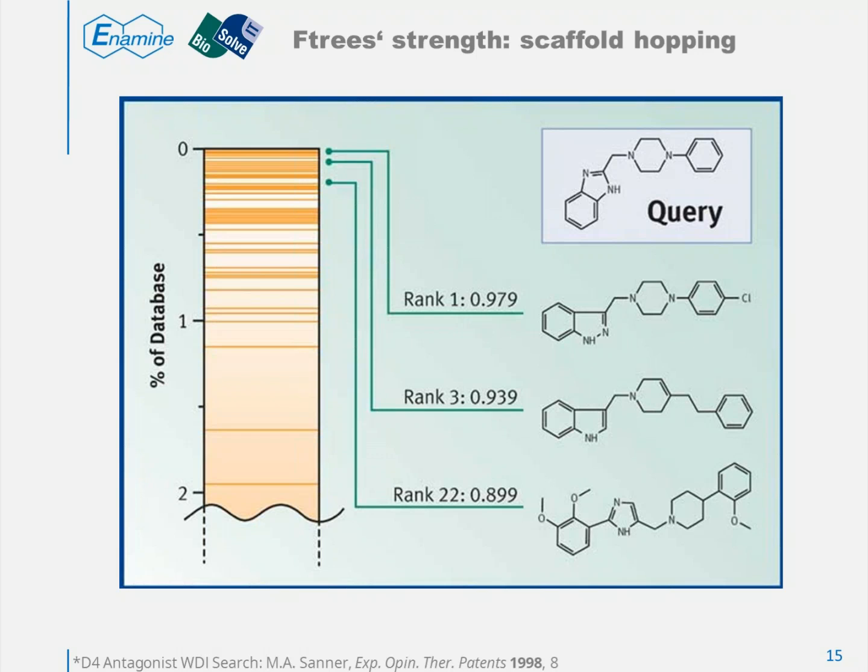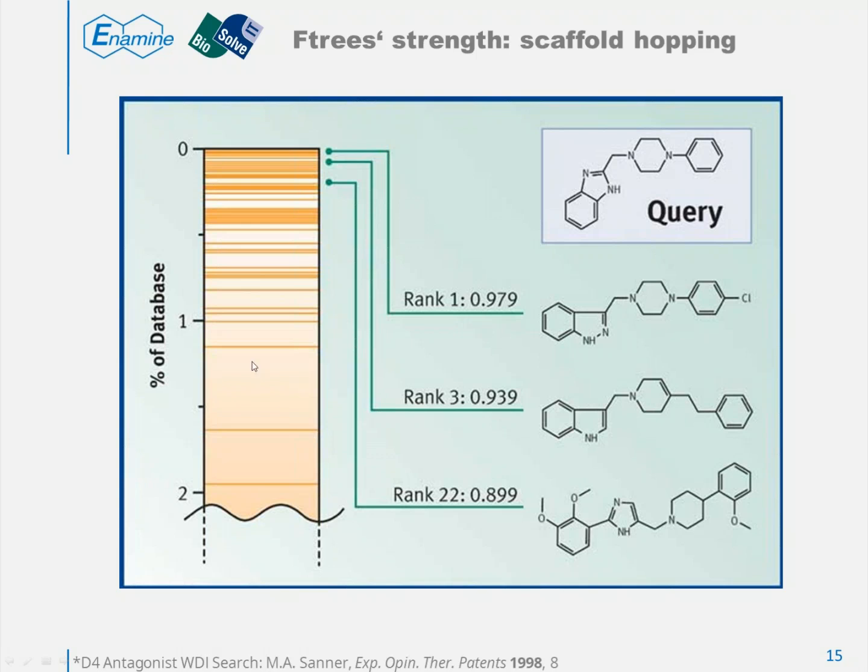This is a very old publication from 1998, where a D4 agonist was searched in the World Drug Index. And you see here, these are the number of the data. This is the percent of the database. So in the top 2% of the database, a lot of known other agonists were found. Every one of these dark lines indicates that there is another known agonist inside.